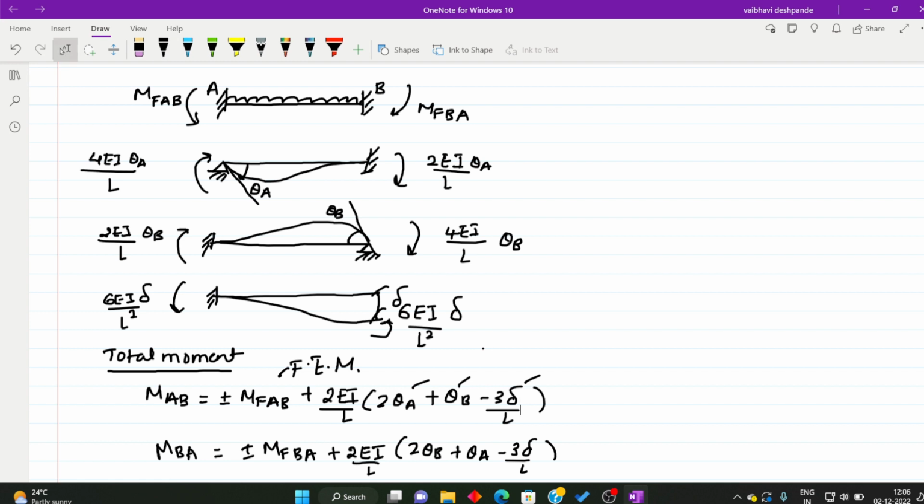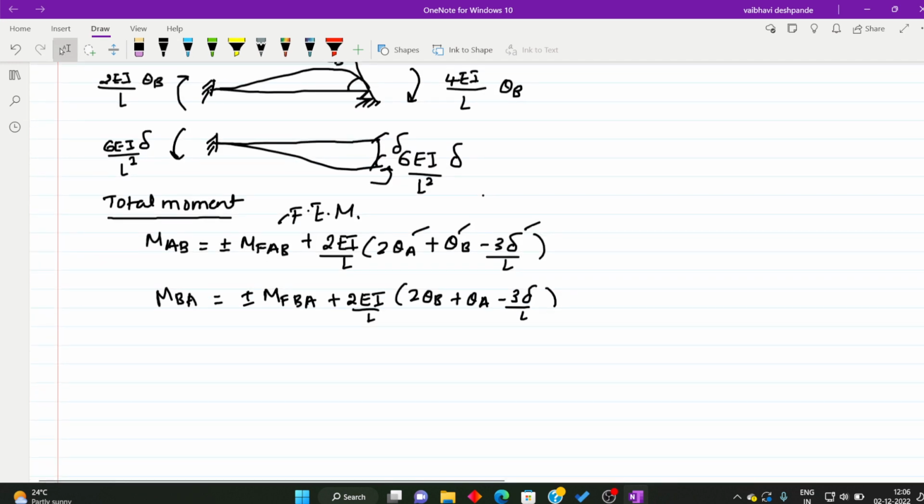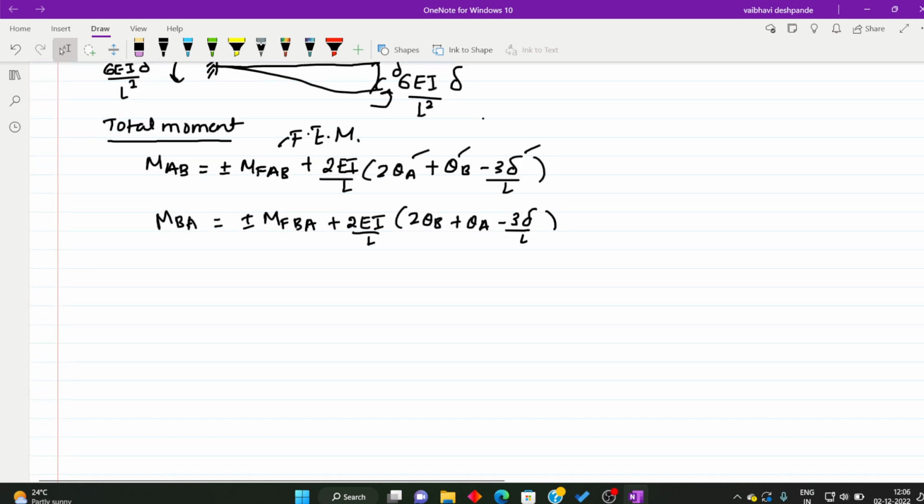Okay, now I'll explain how to solve the problem and what are the steps. So in the slope deflection method, the steps will always be: step 1, we have to calculate fixed end moments. That is the first step.